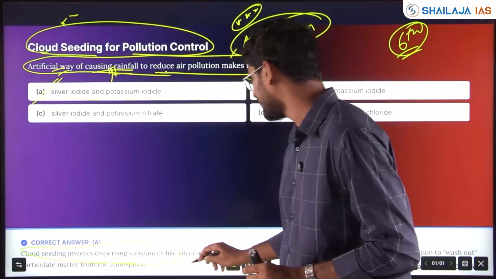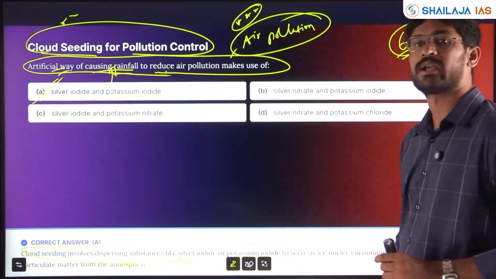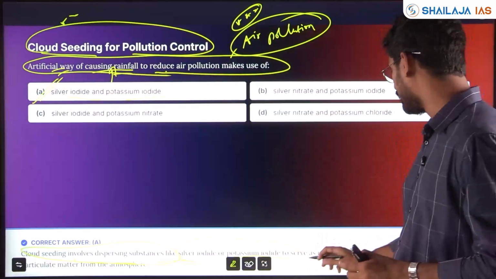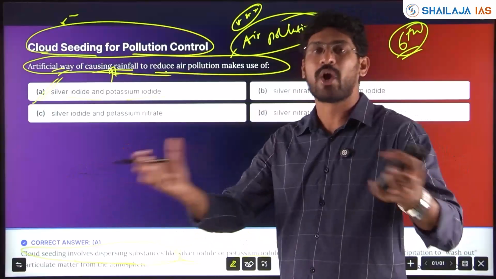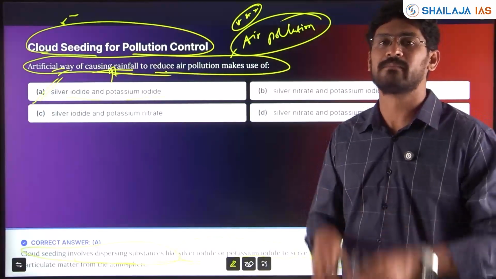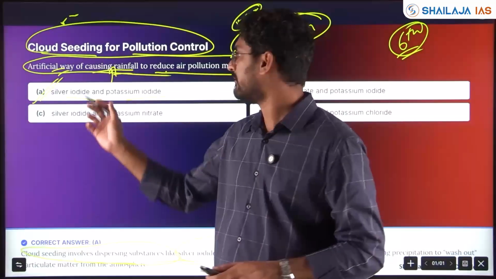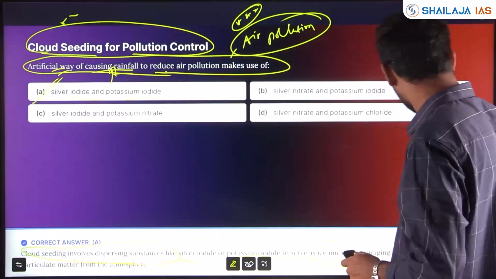It involves dispersing substances like silver iodide and potassium iodide. They serve as ice nuclei, encouraging precipitation. They will coagulate all the cloud molecules to condense and come down as rainfall. So silver iodide and potassium iodide. Yes, a direct question.